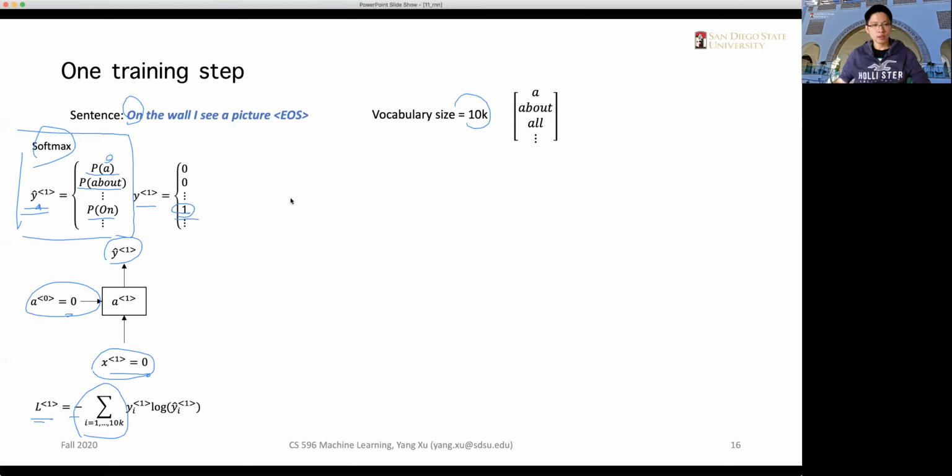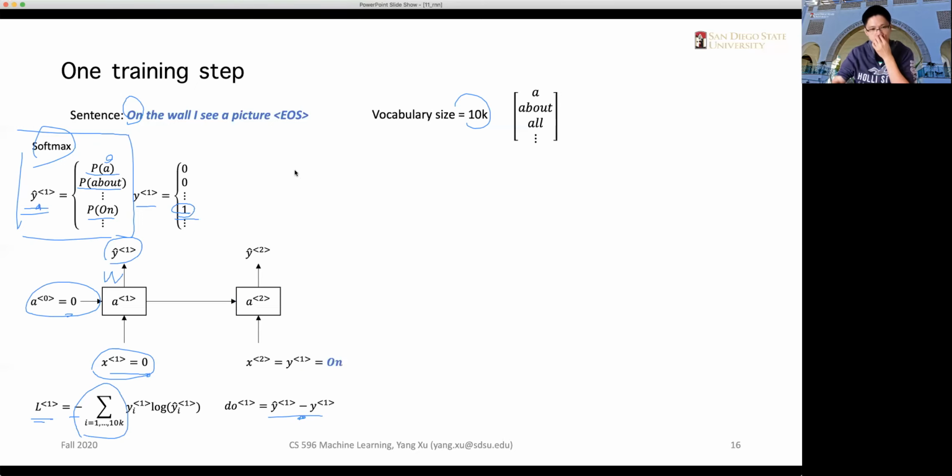Given that loss, we are able to compute the gradients for the linear activations, the weights in the network. So the dO is actually the dZ for the output layer, for the W's here. The gradient is simply the difference between y hat and y. This is something we already know, why this is the case in softmax regression.